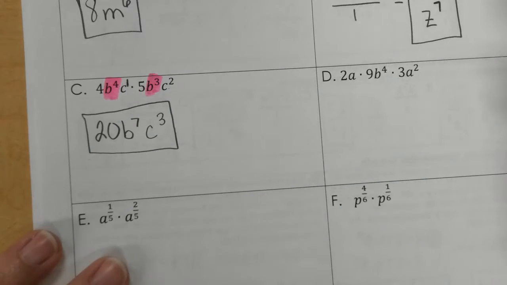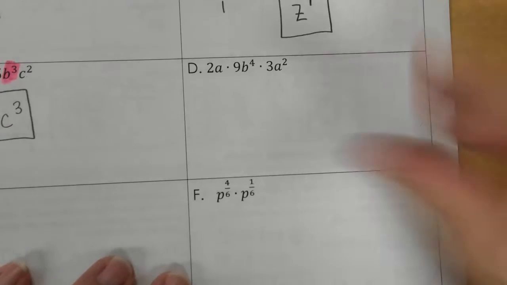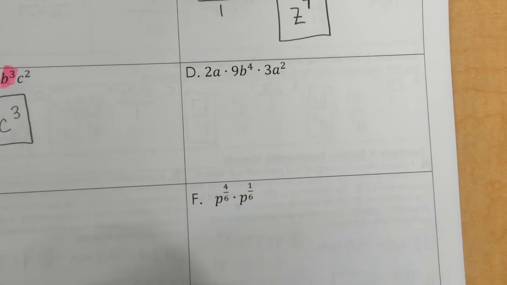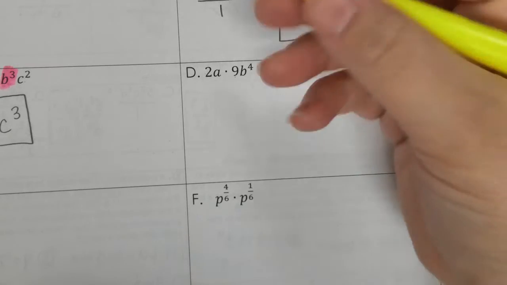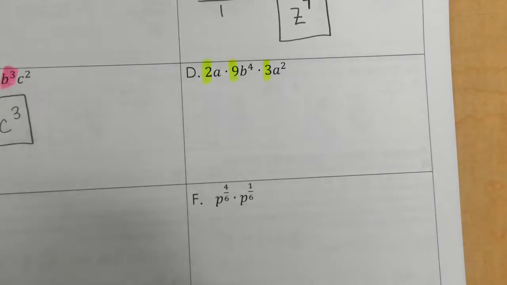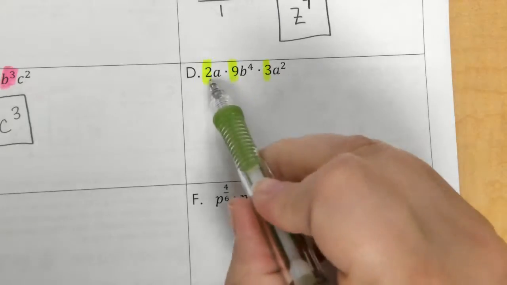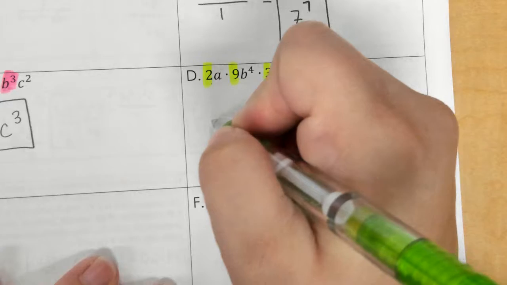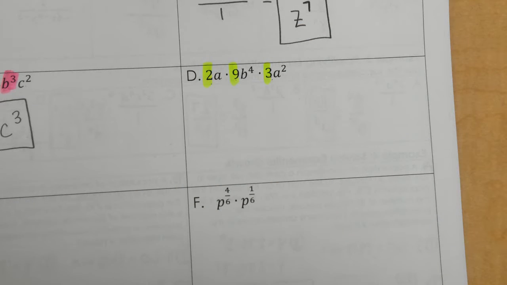Okay, then in letter D, the 2, 9, and 3. Those are all whole numbers that we can multiply together. Okay, so I know that 2 times 3 is 6, and 6 times 9 is 54.